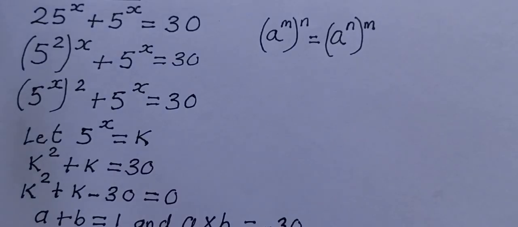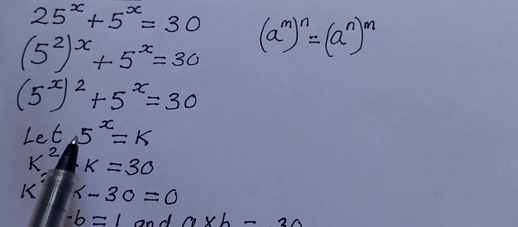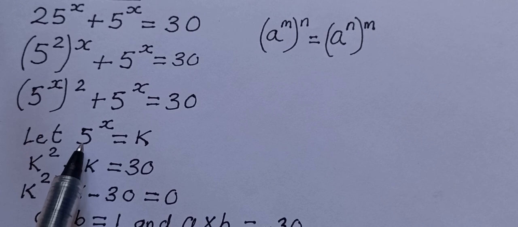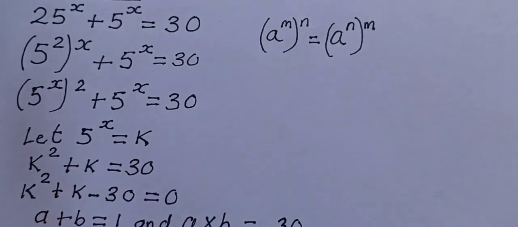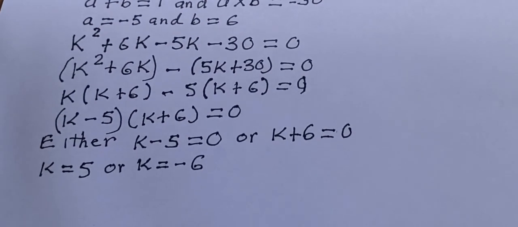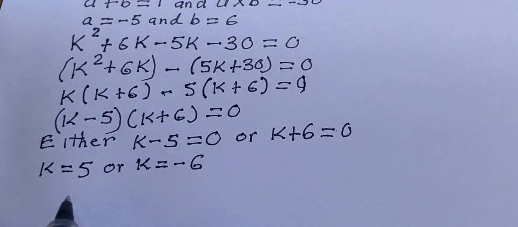So, return up to this point where we said let 5 raised to x be equal to k. As you know, we have k equals 5 or k equals negative 6.